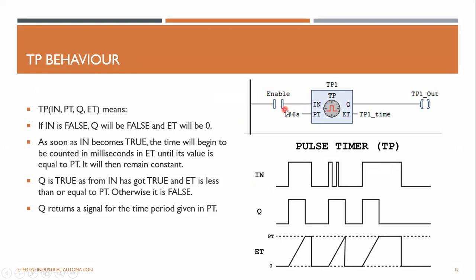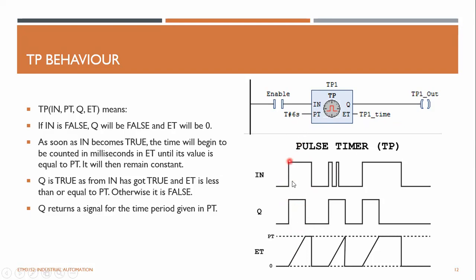First, you have to provide a high signal at the input terminal, and you have to define your preset time. By the time that you enable your input high, the output goes high, as in the TOF timer. But no matter whether you keep the input high or low, the output will stay high, and the output goes to zero after the time delay, right?